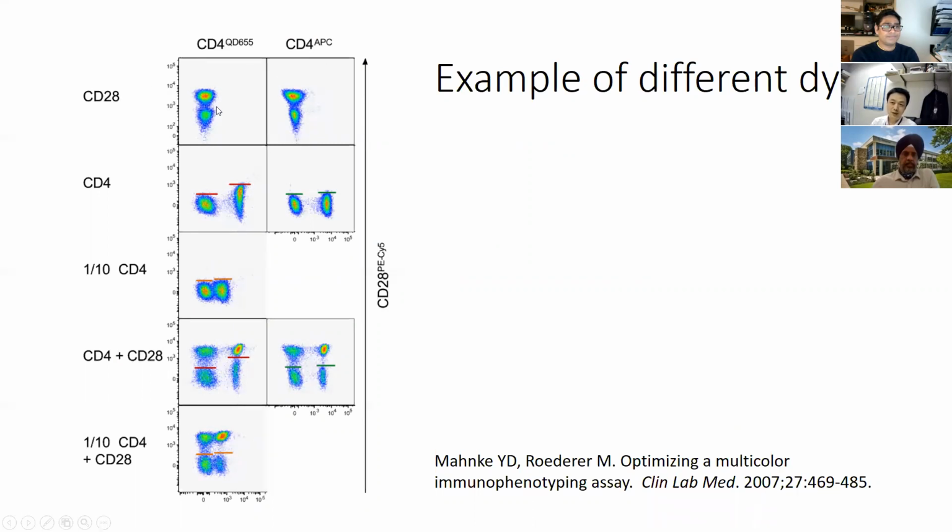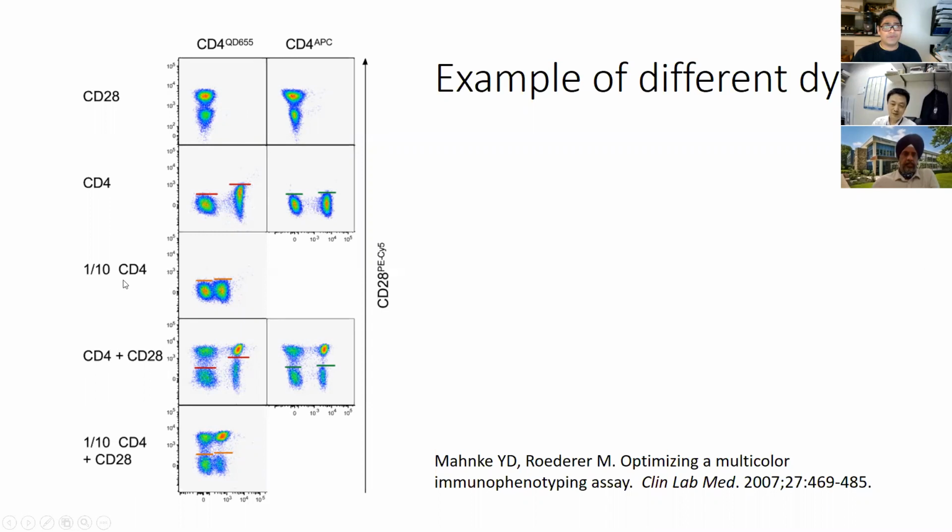CD28 alone looks like this, negative, positive. And CD4 alone, QD655, looks like this after compensation. APC looks like this. QD655 looks to have more spillover compared to the APC.